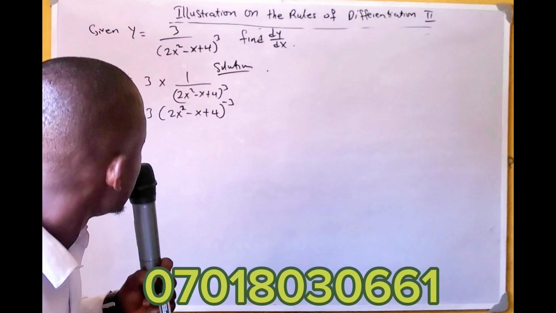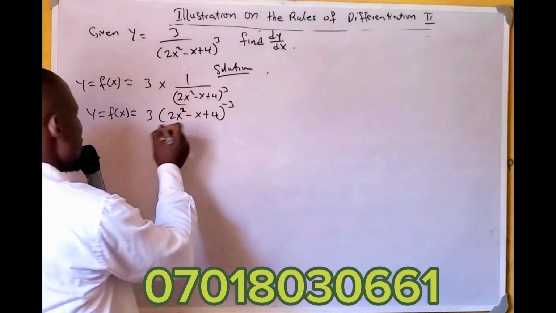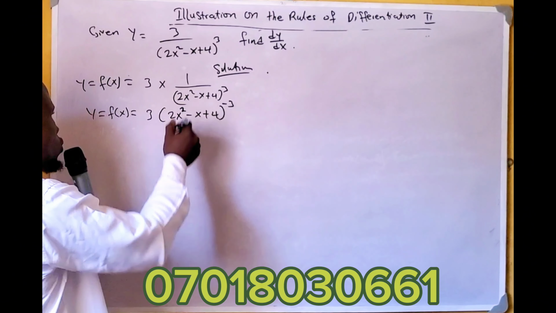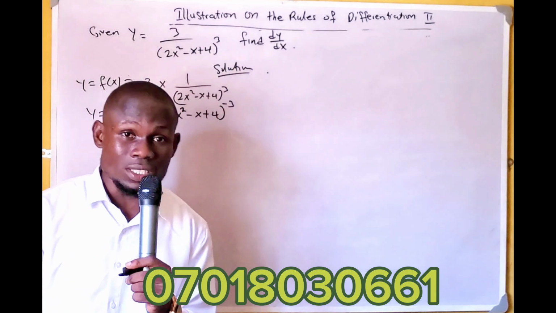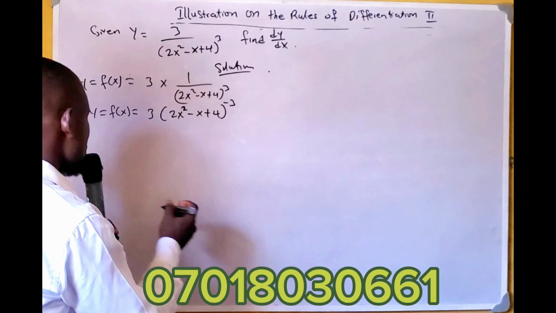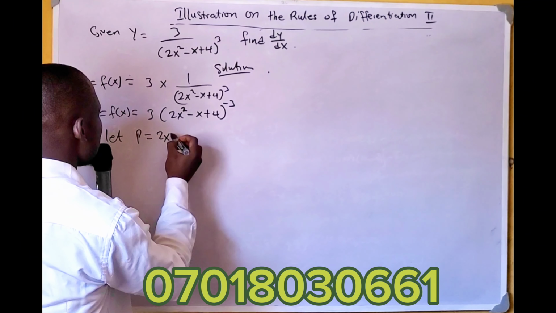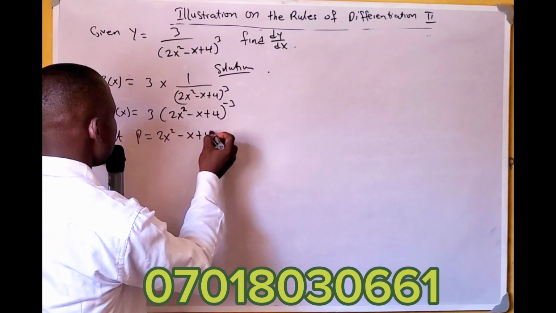So going further from here, this has clearly made us understand that this is also a function of a function question. This is another chain rule question. So therefore, to solve, we say let p equals 2x squared minus x plus 4.